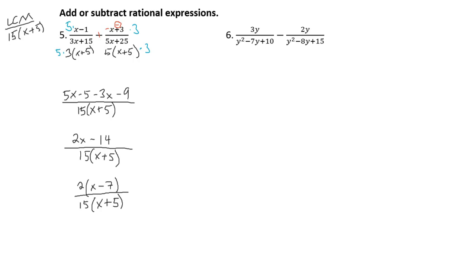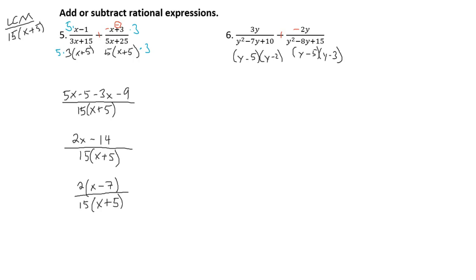All right, let's go ahead and do the same thing over here. I'm going to change that subtraction into addition. So make that negative on top. And now let's see, the left one factors to y minus 5, y minus 2. And the right one factors to y minus 5, y minus 3.